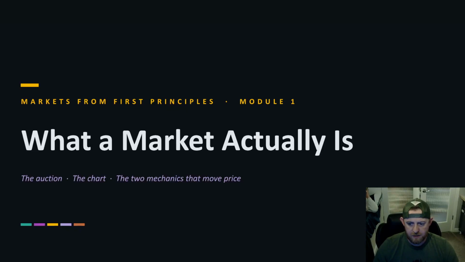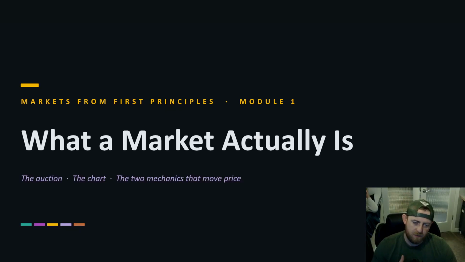So one of the biggest things is the market is a continuous auction. It's always happening. It's always moving. And we'll dig into who is a participant of that auction. The chart, by the way, it's just a record of that auction. It's just a receipt.